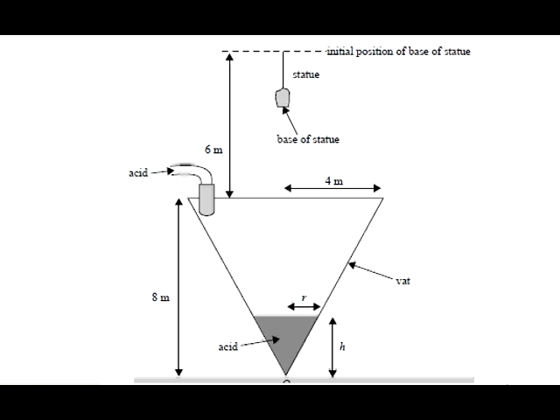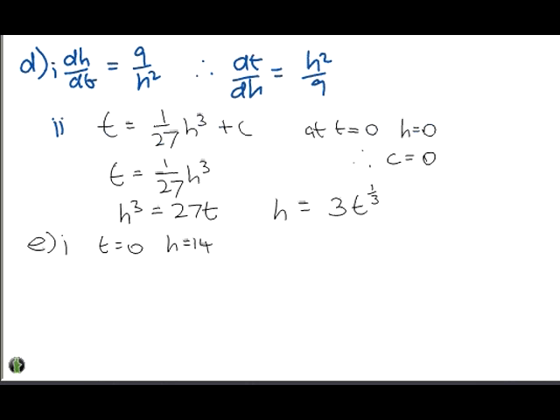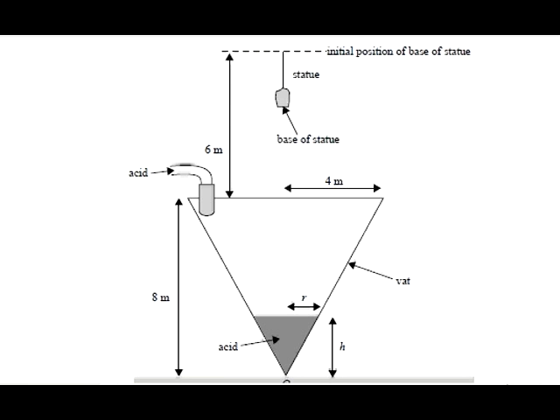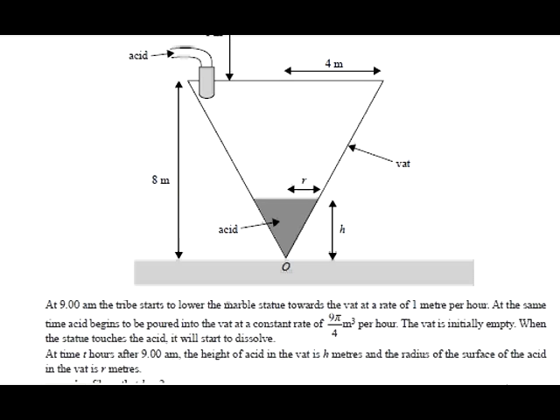So you get at t equals 0, h is 14. Okay? And then it goes down at 1 meter per hour. So that's not very hard.